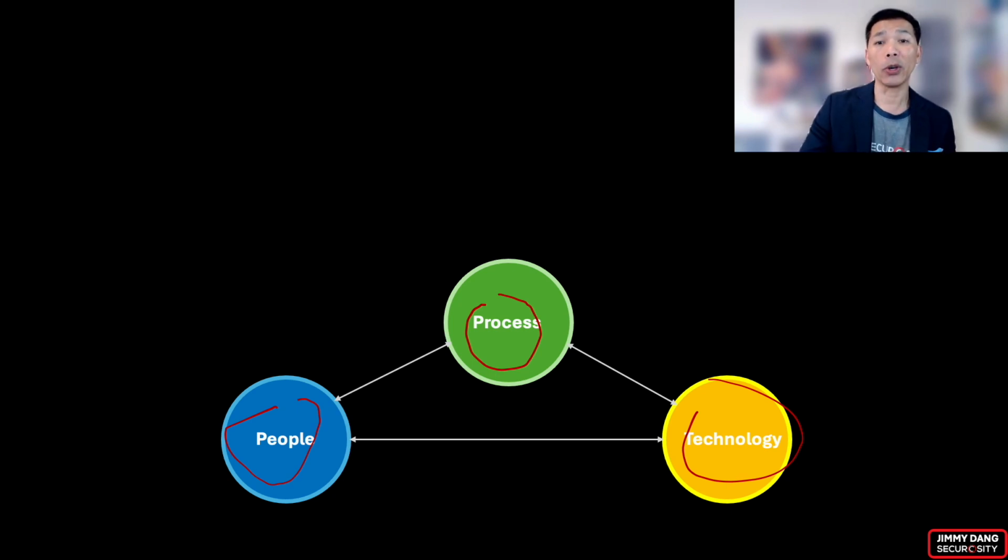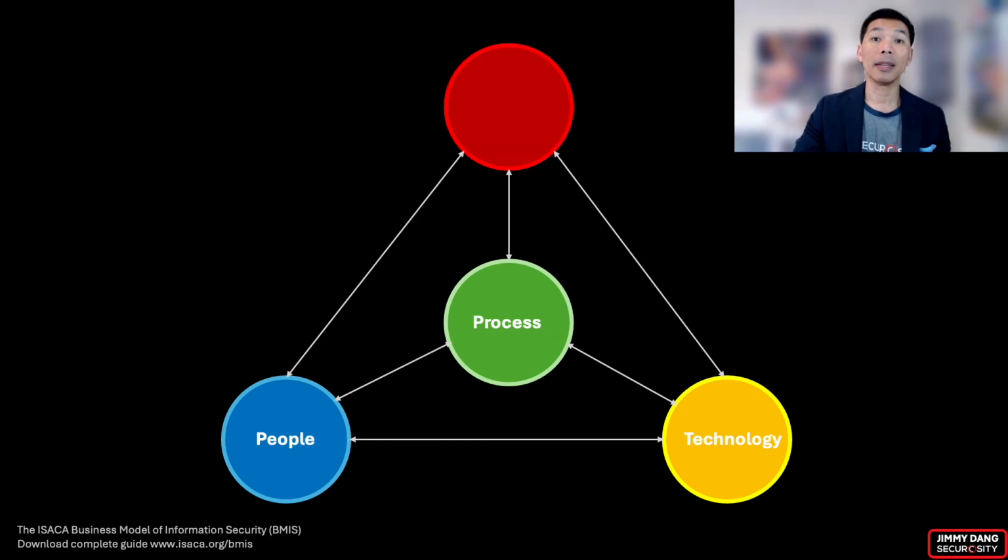In 2009, though, ISACA, also known as the Information Systems Audit and Control Association, an international professional association focused on IT governance, expanded this PPT framework and introduced the Business Model for Information Security, also known as BMIS, which takes a more holistic and comprehensive approach to information security.